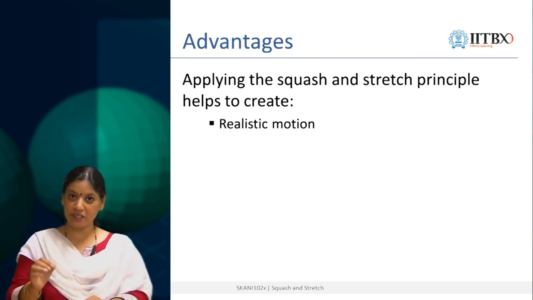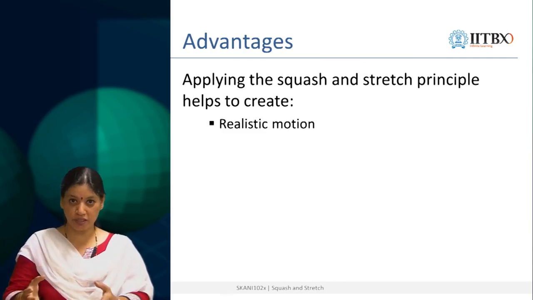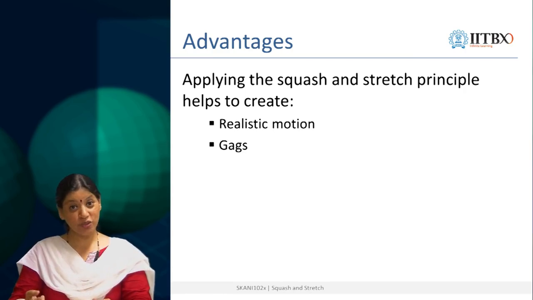When we add this principle to our animation, it gives realistic motion. It is also used to create comic movements in animation. You must have seen the animated series of Tom and Jerry. This is an excellent example to observe stretch and squash.